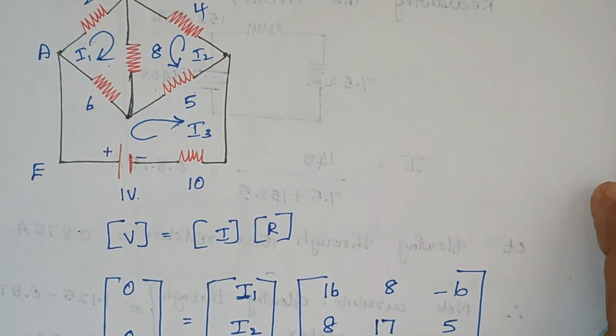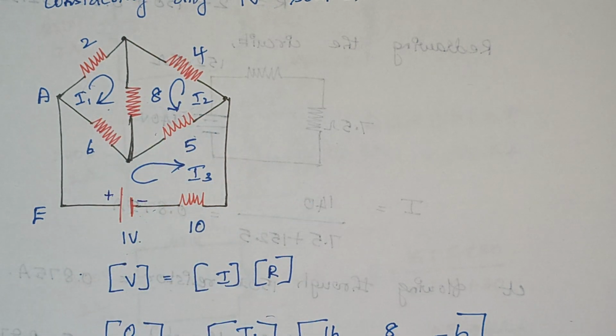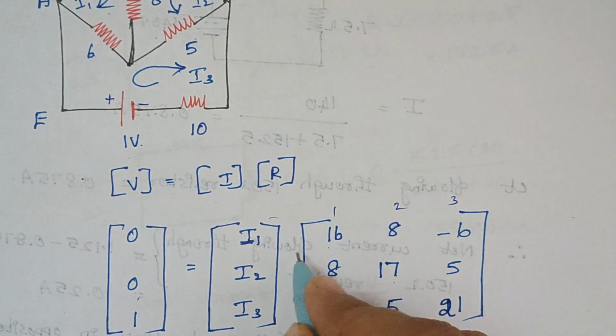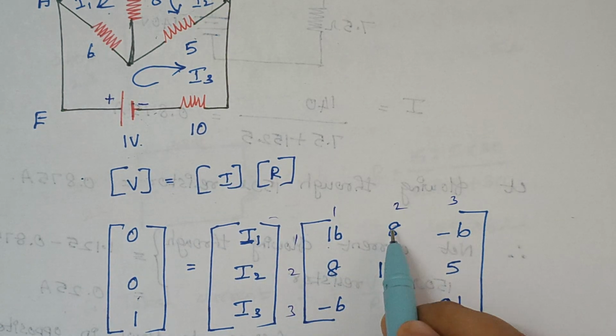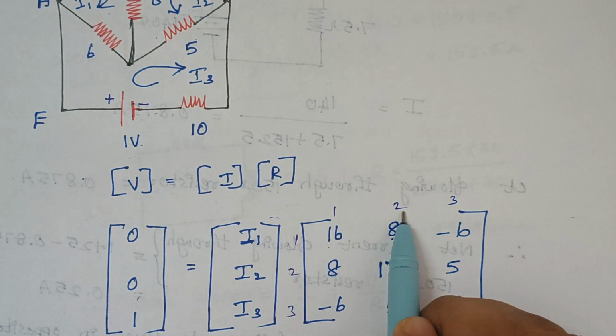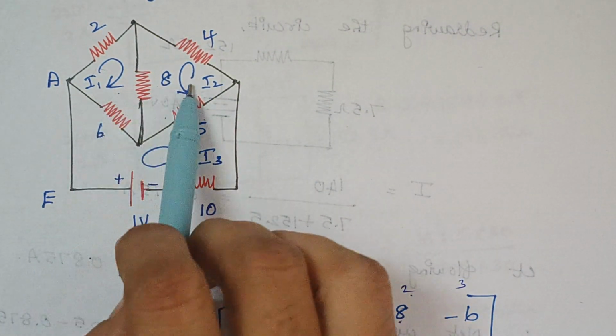Then the next thing is, look at loop 1 and 2, or else you can simply write, you see, 1, 2, 3 and 1, 2, 3. Here this element is common for loop 1 and loop 2. So here this is loop 1 and this is loop 2. So which element is common?